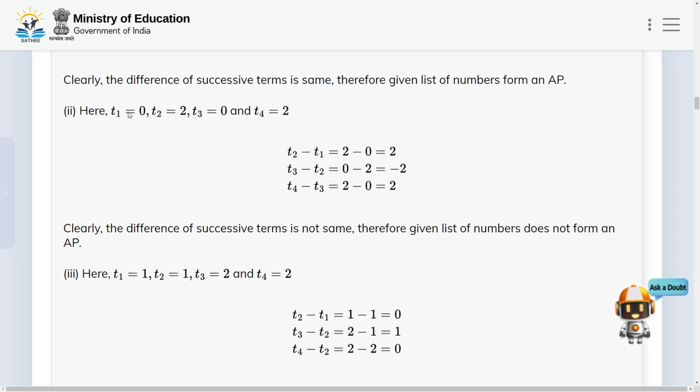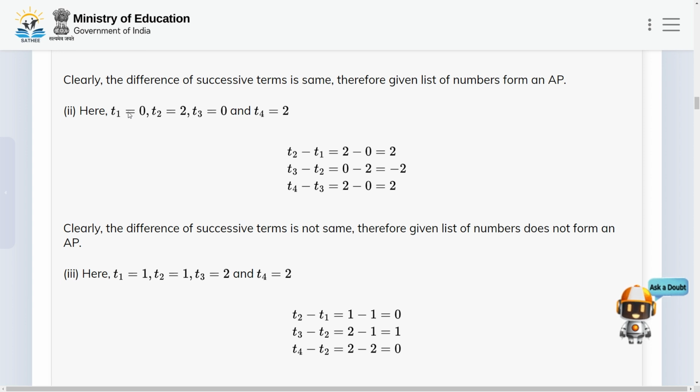Now T2 minus T1 is 2 minus 0, which is 2. T3 minus T2 is 0 minus 2, which is minus 2. And T4 minus T3 is 2 minus 0, which is 2.